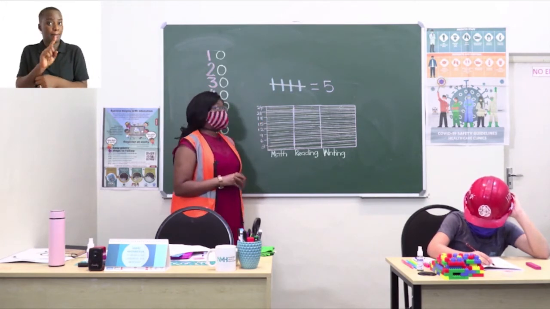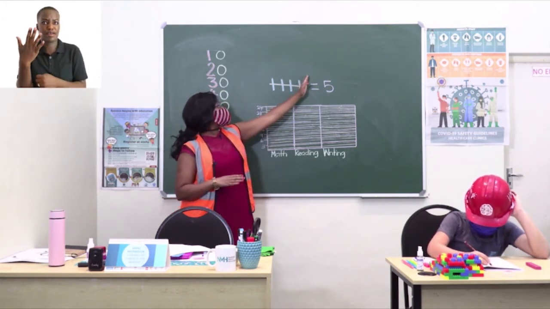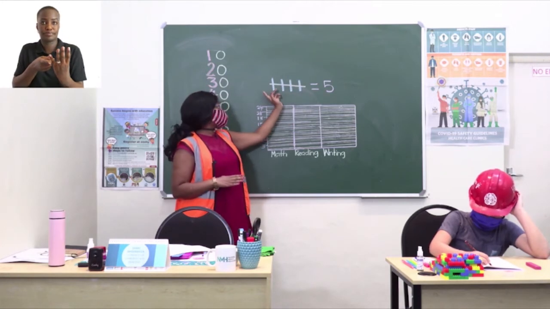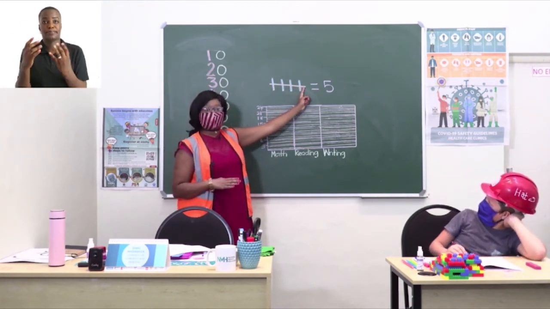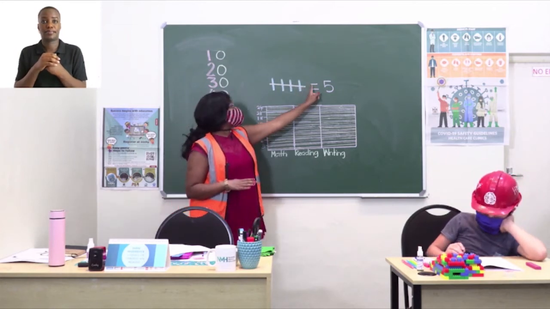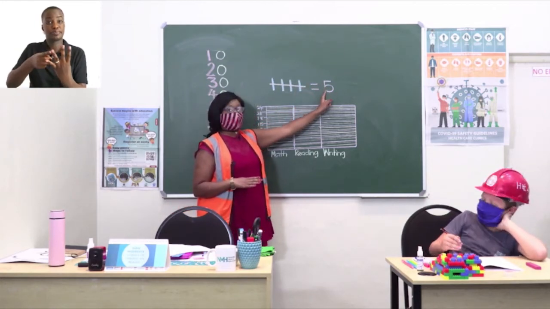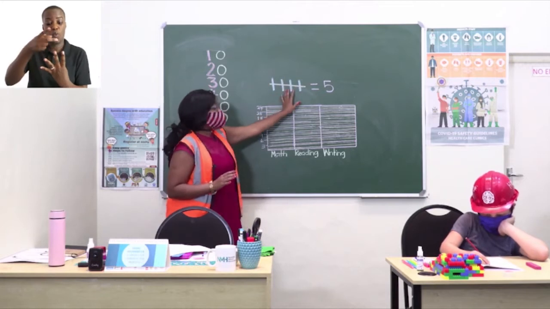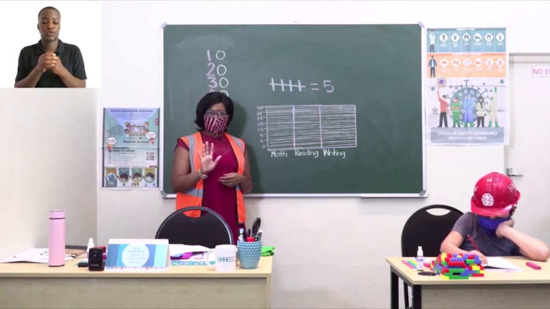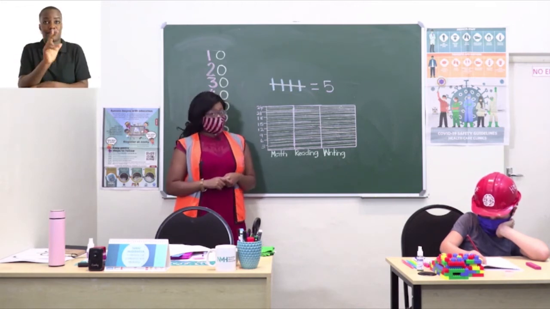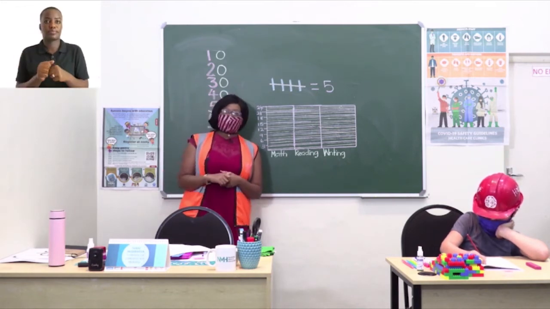But when we get up to 5, instead of putting another stick, we are now going to cross all the sticks. And then we add it up to 5. So every bundle that you see is 5 people. Now that we know this, let's go back into our exercise.